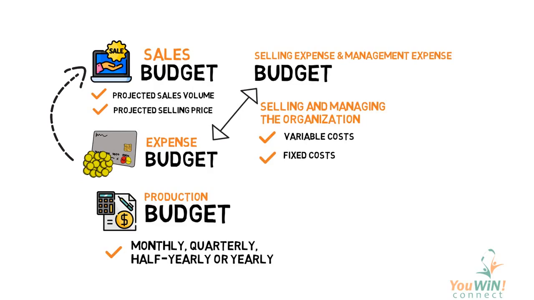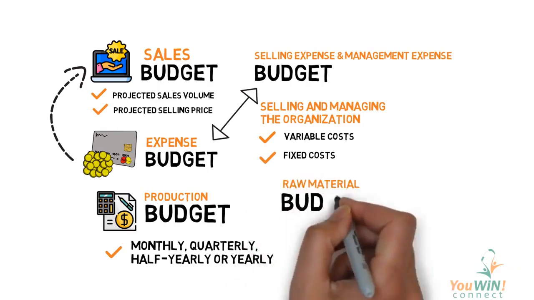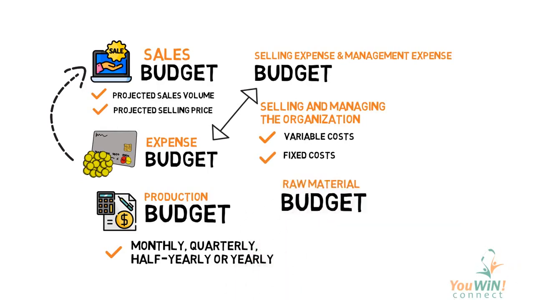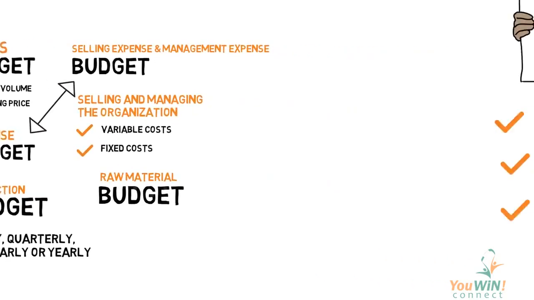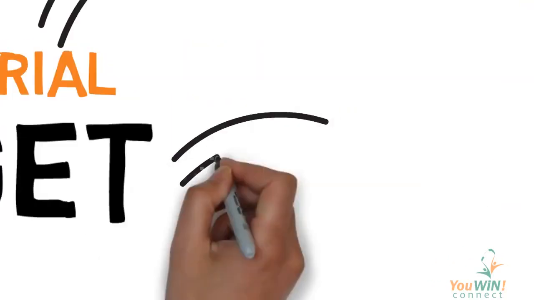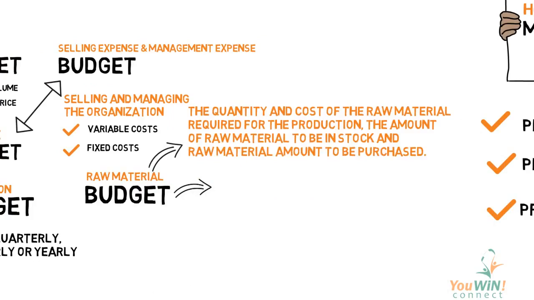Another budget that would help us in our profit and loss statement is our raw material budget. In order to forecast the amount of raw material required to meet the production needs and stock requirements, the budget of raw material cost comprises the main components like the quantity and the cost of raw material required for the production, the amount of raw material to be in stock, and raw material amount to be purchased.